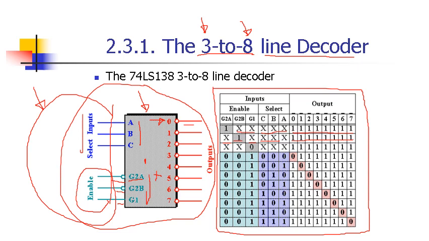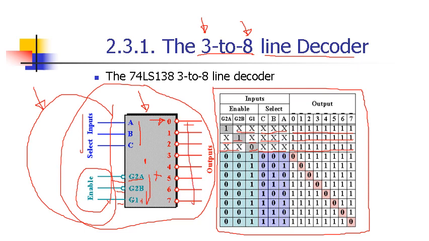Again, if G1 is made low, your device will also be inactive regardless of the rest of your inputs or your select lines, and it will provide you with 8 high outputs at the output lines.